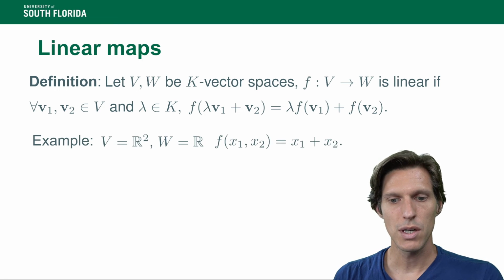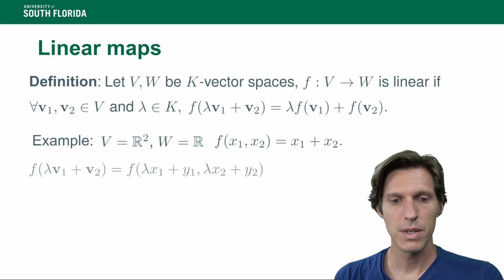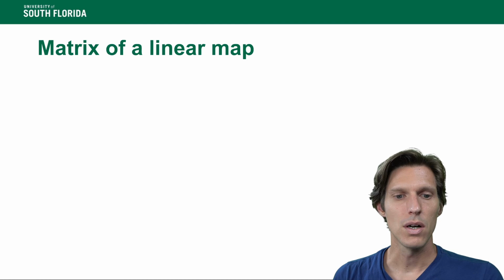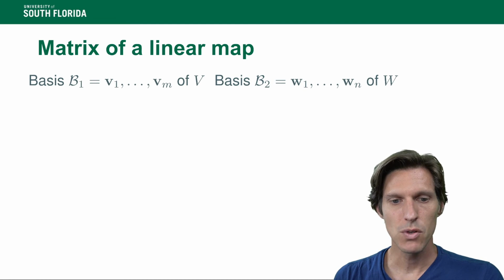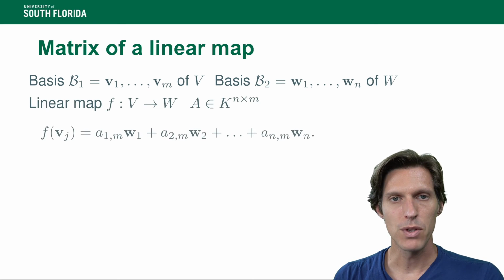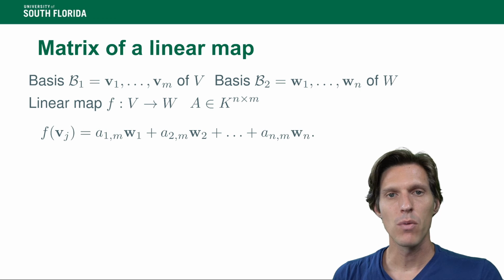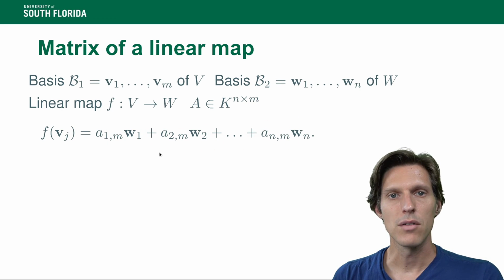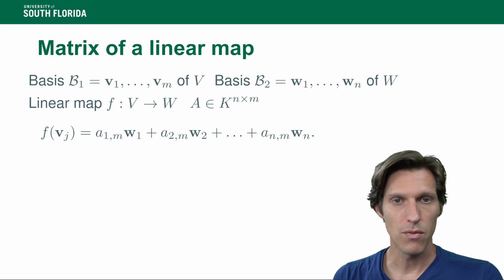Now, such a linear map can be expressed thanks to a matrix. So we have two bases of V and W and a linear map between those two vector spaces. Then what we can do is look at the decomposition of each element of the basis of the domain expressed as a linear combination of the basis elements of the range.